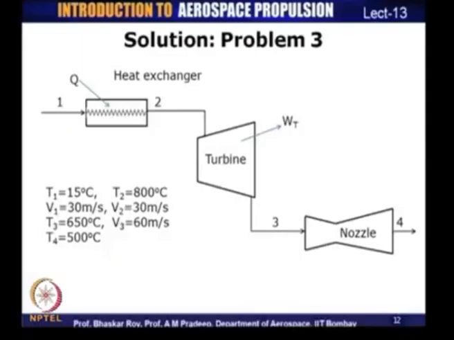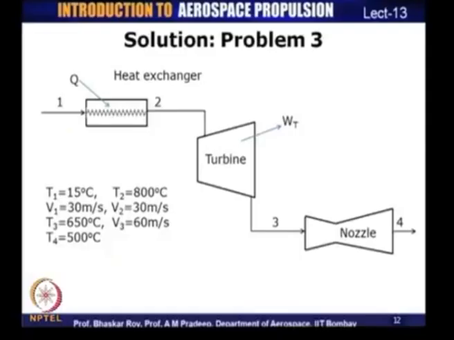Now, in the problem it is given that T1 is 15 degrees Celsius, T2 is 800 degrees Celsius, V1 is 30 meters per second, V2 is again 30 meters per second, T3 is 650 degrees Celsius, V3 is 60 meters per second, and T4 is 500 degrees Celsius.